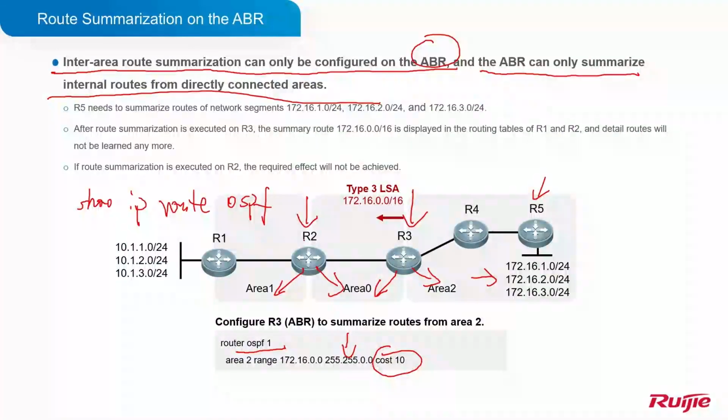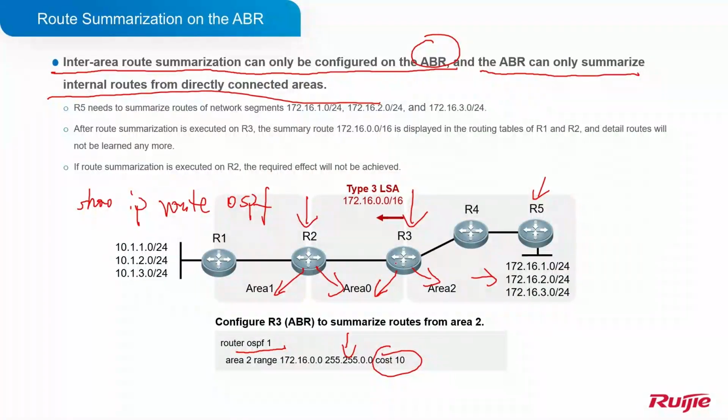On R1 and R2, we can see the summary routing entries, but we can't see the detailed routes in our routing tables after we configure this command on the R3 device.